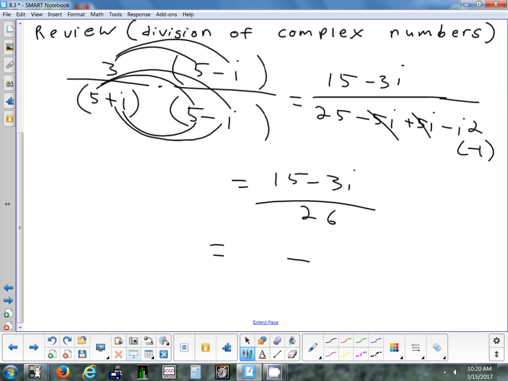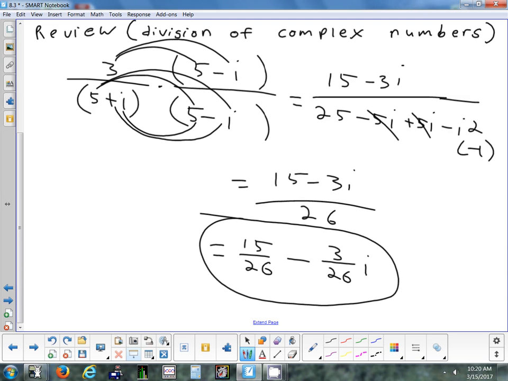What's the real part here? It's 15 over 26. And what's the imaginary part? Yeah, we usually just put the i right in front. If you put it in the numerator, that's also fine. But that's how you have to divide complex numbers in standard form.